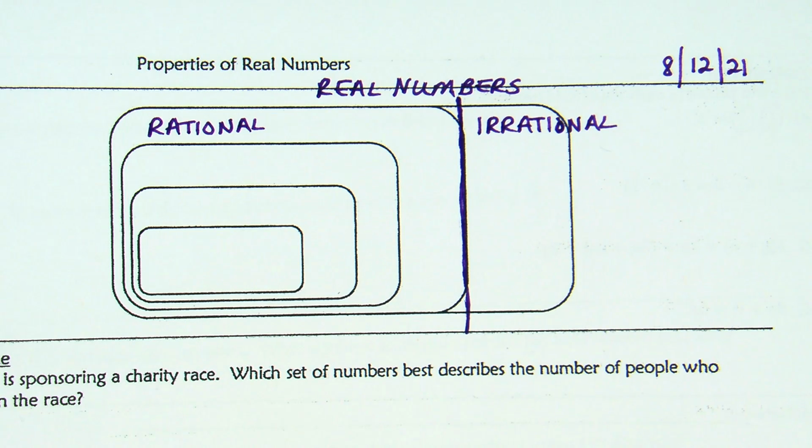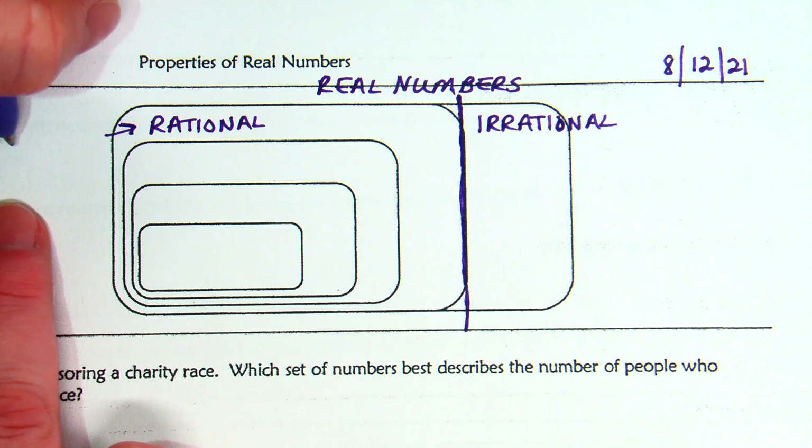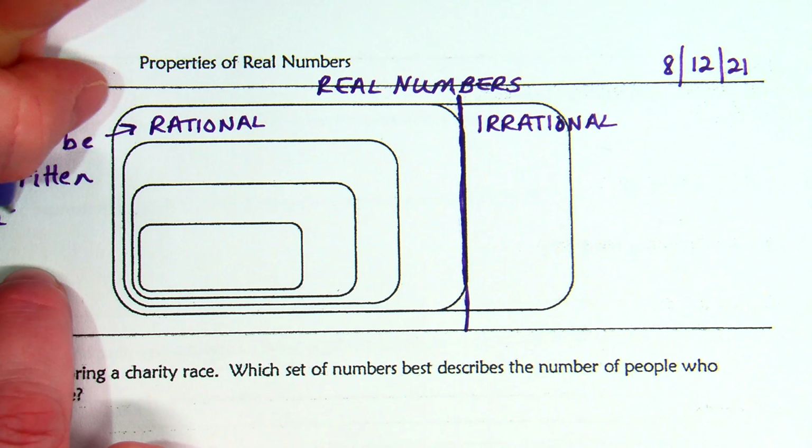Okay. Repeating decimals, those also can be fractions. So rational numbers, and I'm going to put a definition over here. They can be written as a fraction. That's my official definition I like.